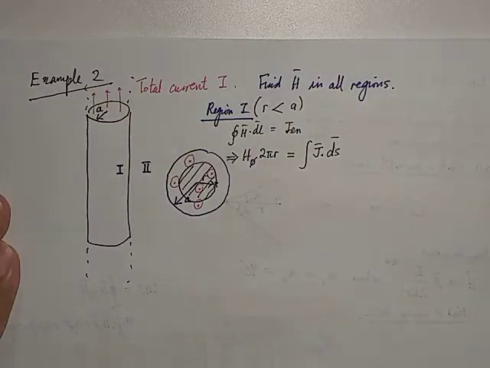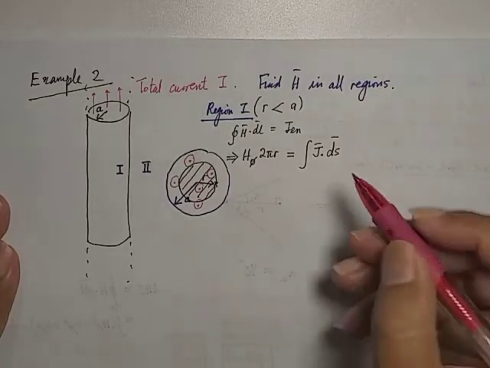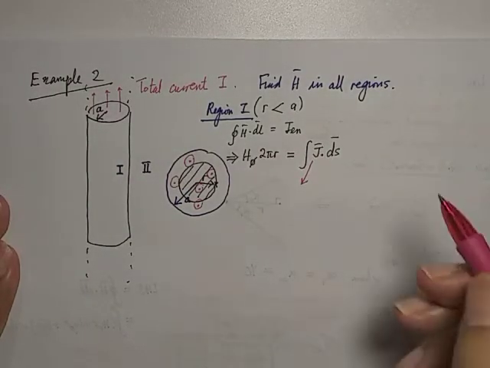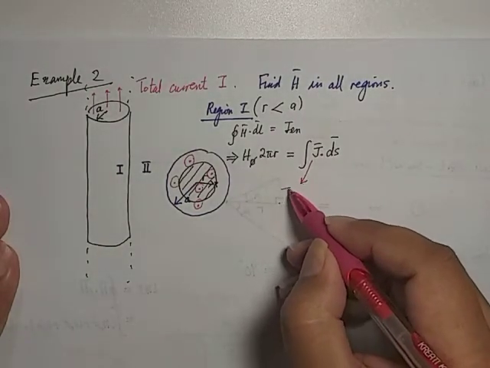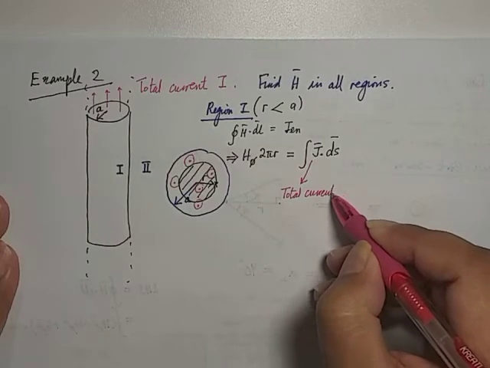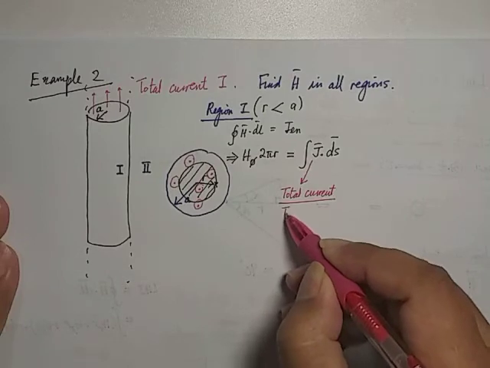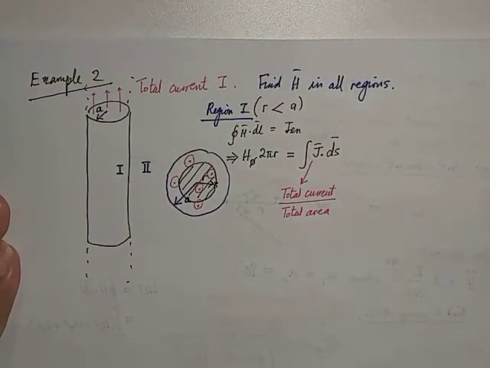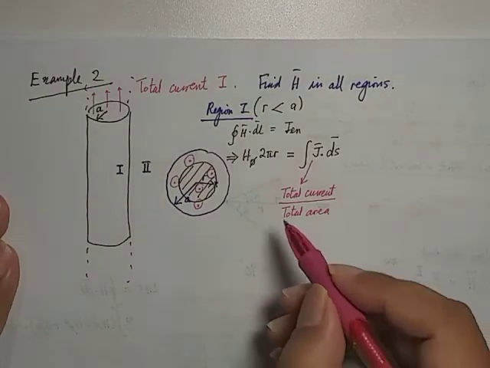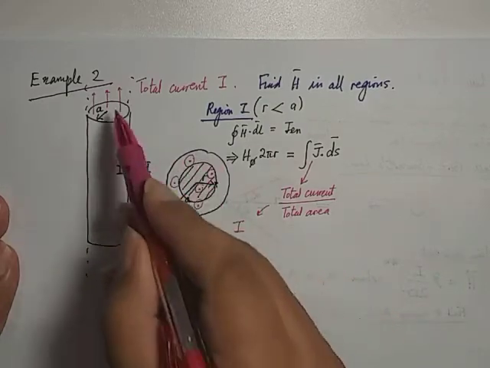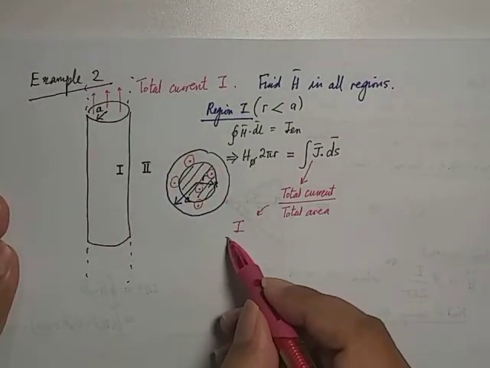Now, what should be my mathematics? The J here, which we call current density, is the total current divided by the total area. What should be my total current? My total current should be I, correct? What should be my total area?